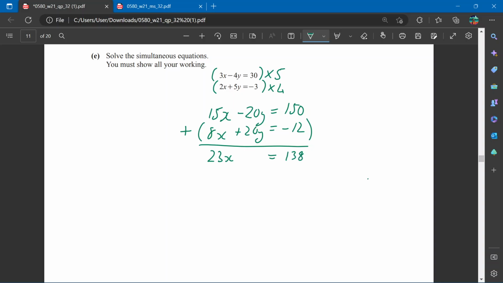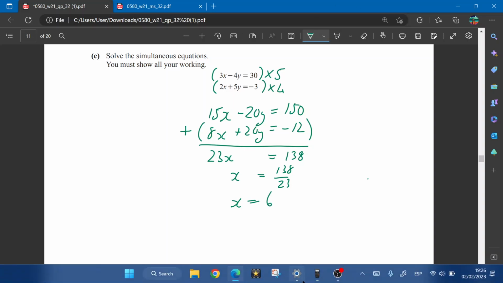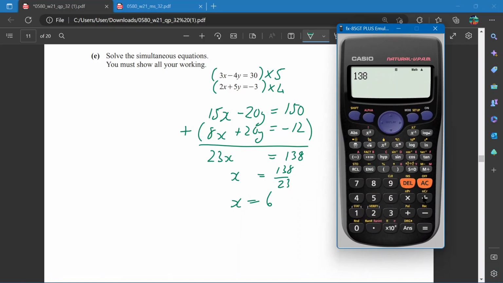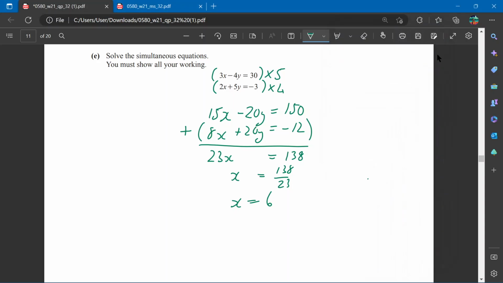Okay, the next step will be to divide by 23, and that will give us 6, of course, because that's what we already worked out last time. But we always double check. 138 divided by 23, bam, 6. There we go. From here on, it's the same. We just substitute that 6 into one of the equations above.